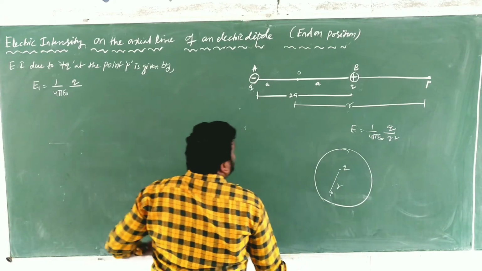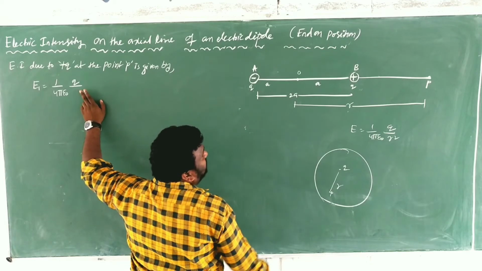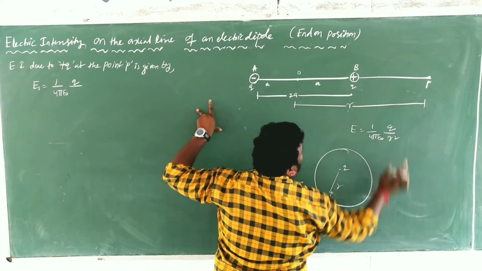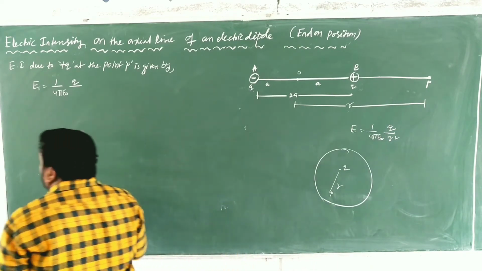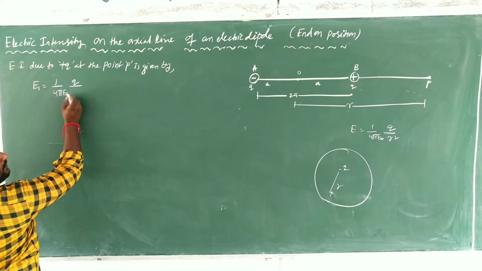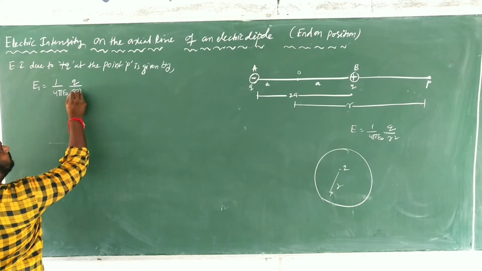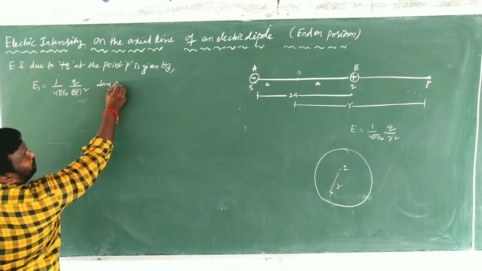So what is the distance from plus Q to P? Nothing but BP. BP square. Clear, children? So here I am going to write E1 is equal to 1 by 4 pi epsilon naught Q by BP square, where BP is the distance from the charge to the point, and that is along the direction of BP only.